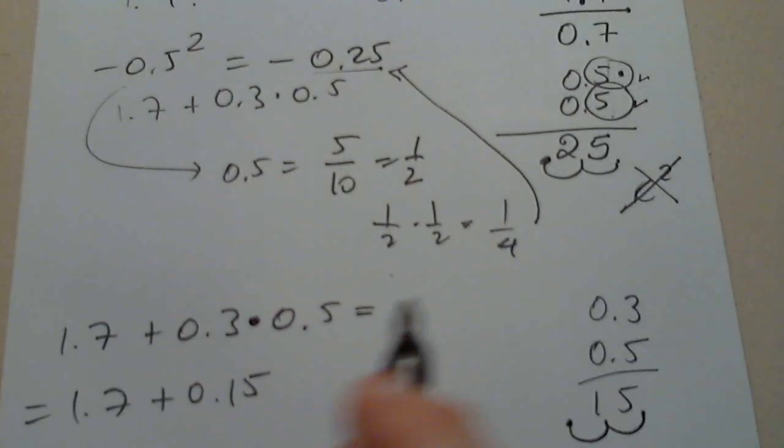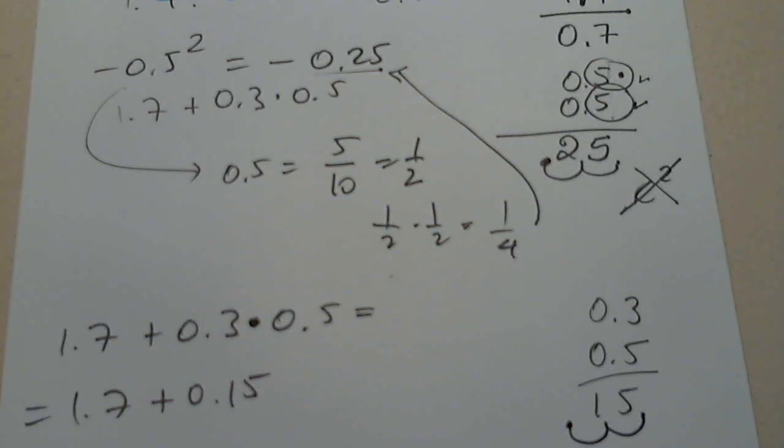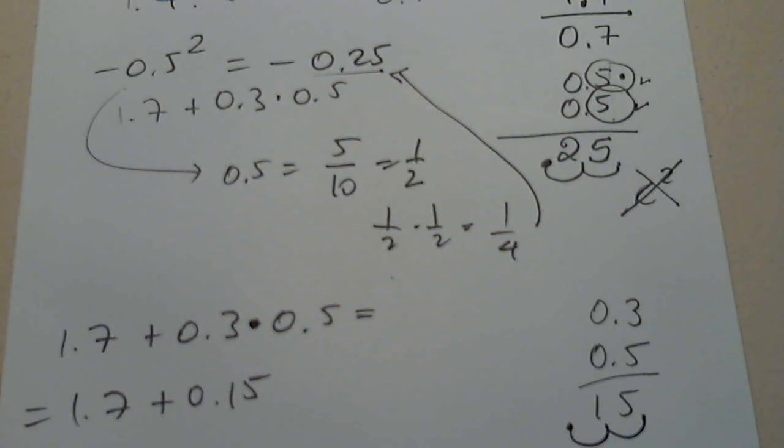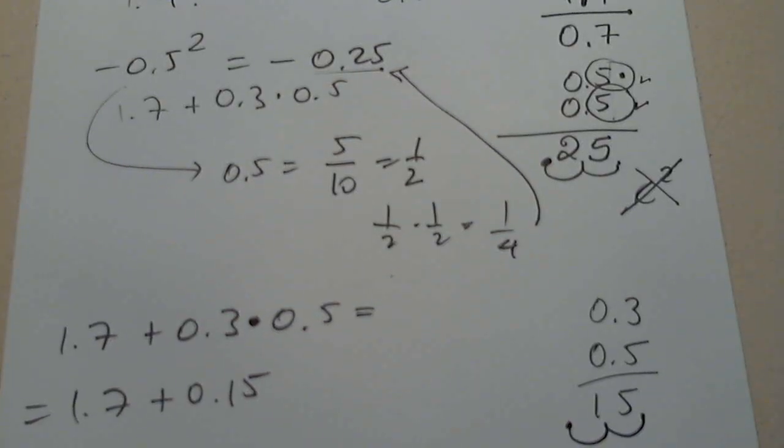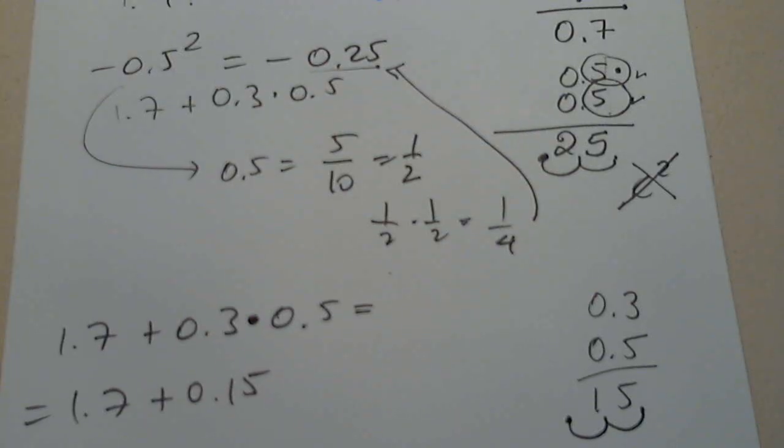Now, when I add them, I have to line up the decimal point. This is a must. When I add and subtract, I have to line up. And if anything is missing, it's fine to put a 0 there. After the last decimal digit, you can put as many zeros as you want. Nothing will change.